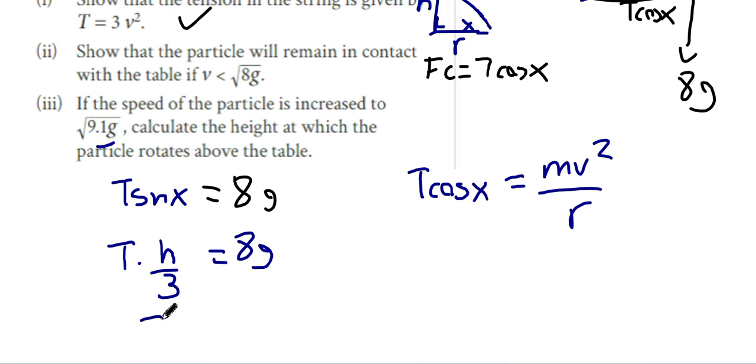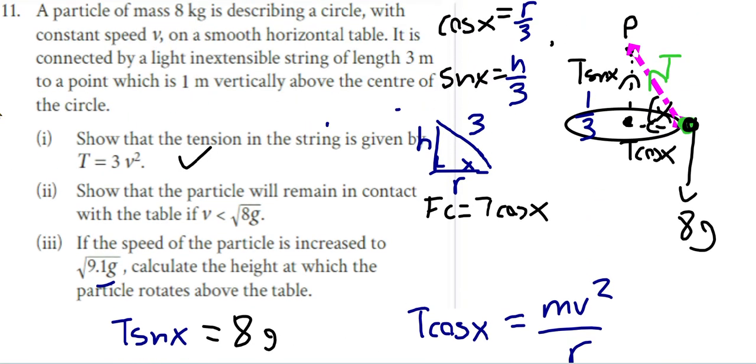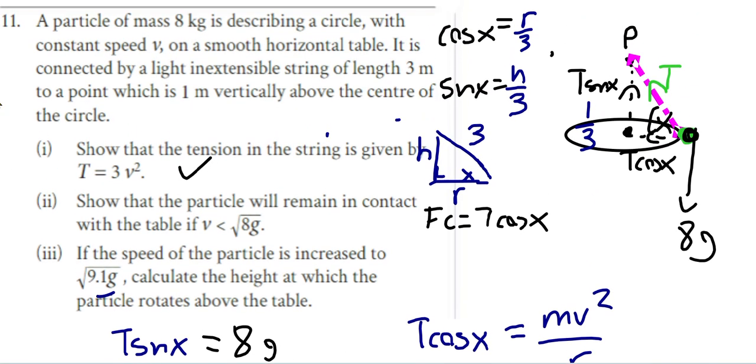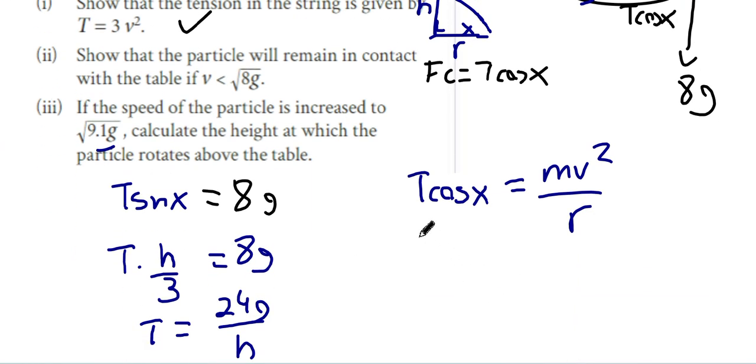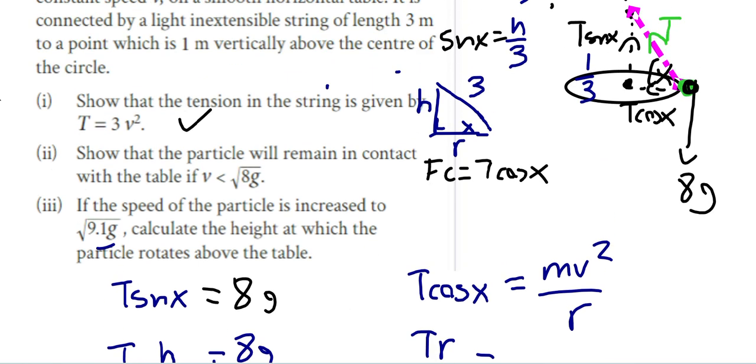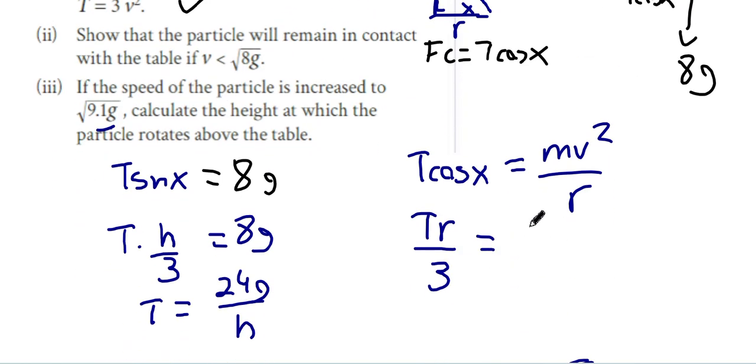So would everybody be happy that t is, what are we going for? T is 24g over h. All good. Then we go over here, and what's cos x again? R over 3. TR over 3 equals, m is 8. Phi squared is 9.1g.